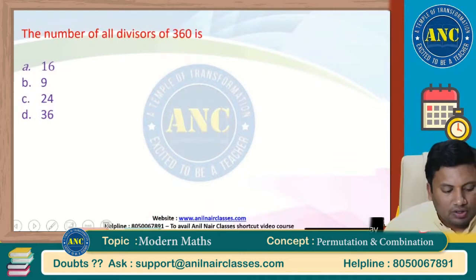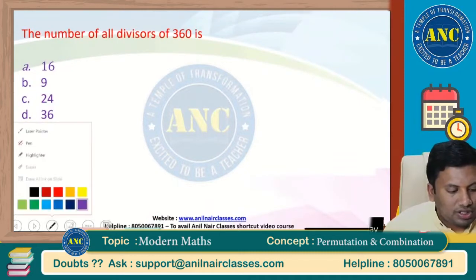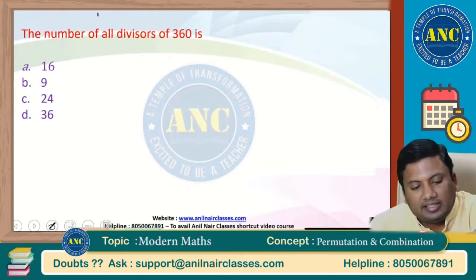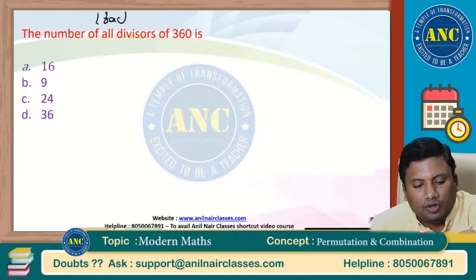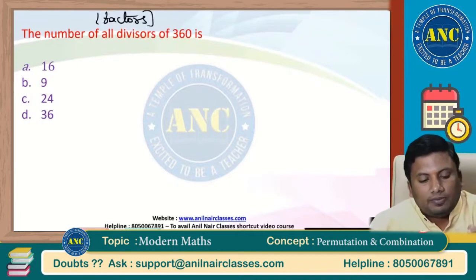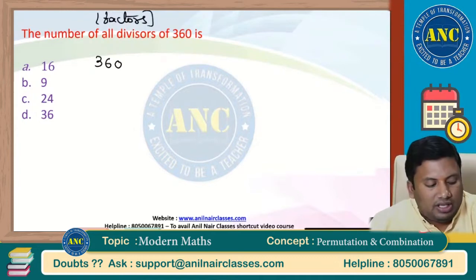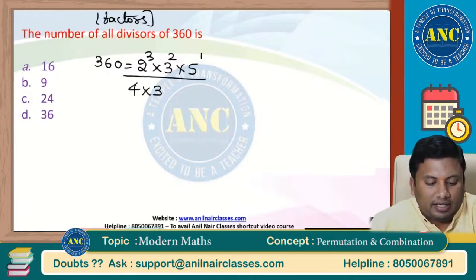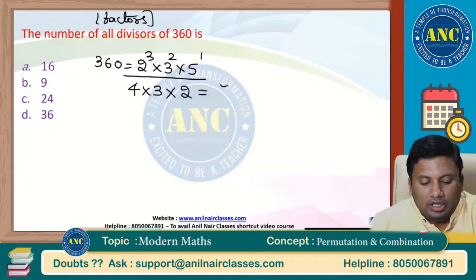Now we will solve some previous year exam questions so that you will not get any doubts. Number of divisors and factors are synonyms. Number of factors for 360. 360 is nothing but 2 cube into 3 square into 5 power 1. So total number of factors will be 4 into 3 into 2.